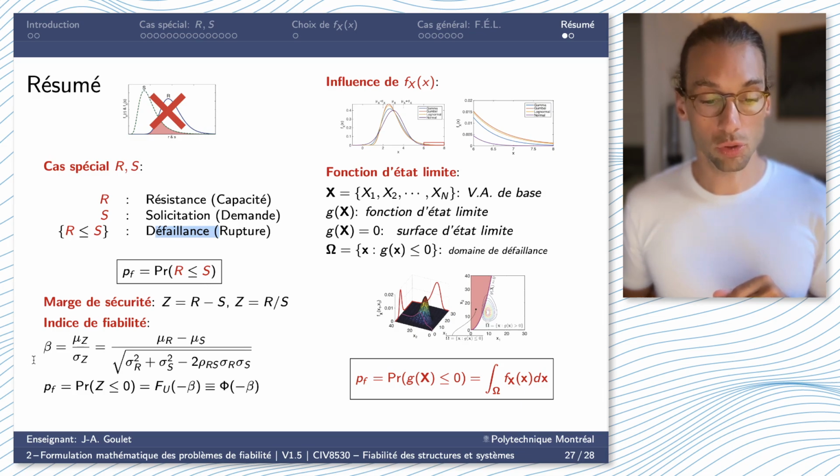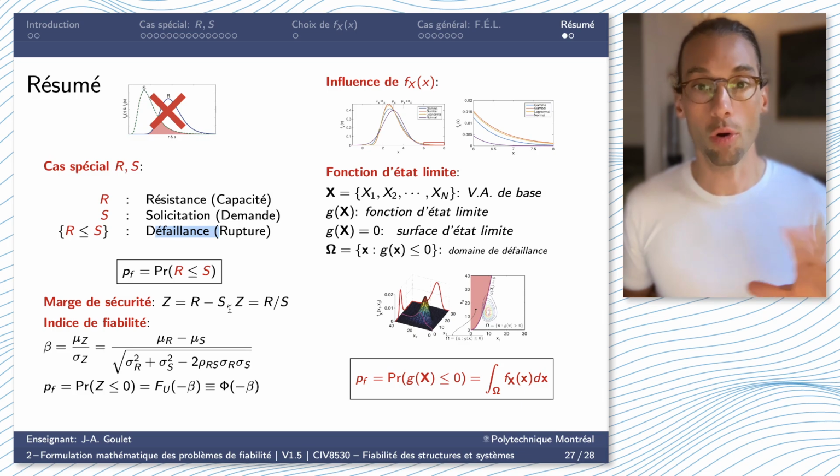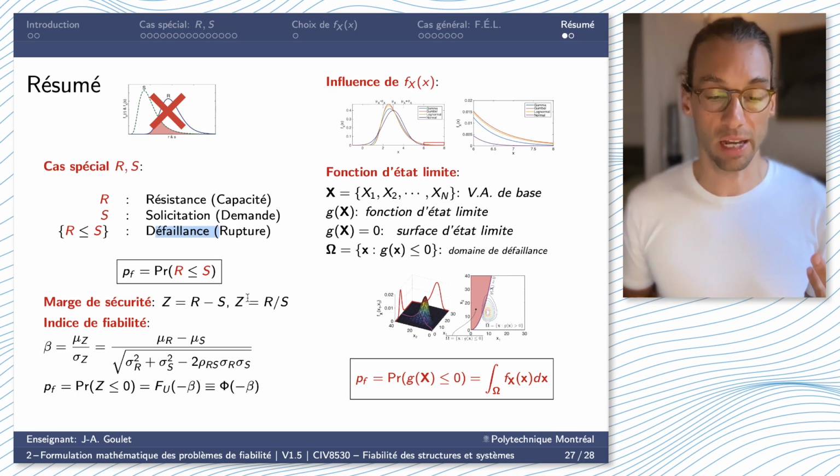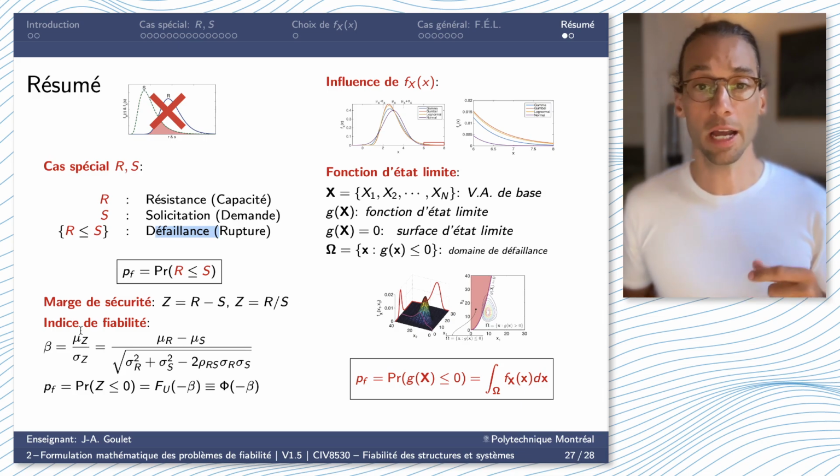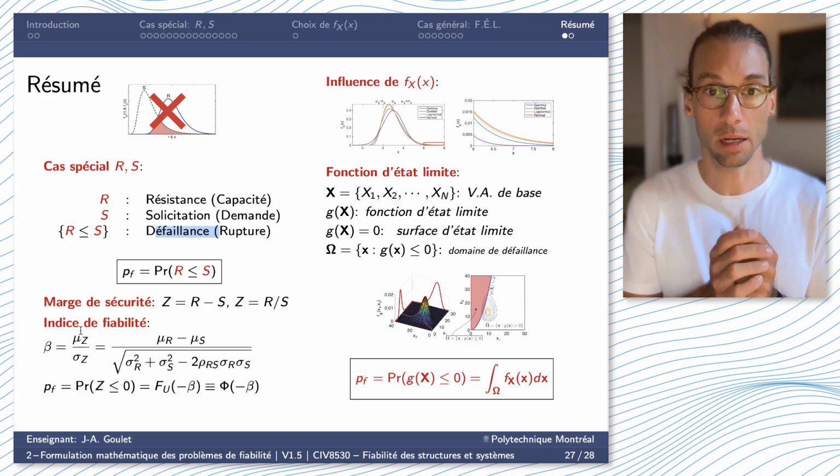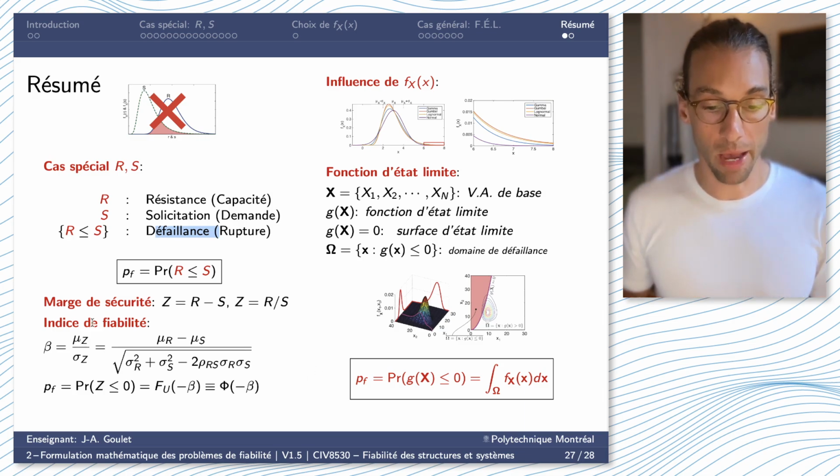So we use our safety margin, where Z equals the resistance minus the solicitation, or the special case of the safety factor, R divided by S, in order to define our reliability index beta, which, as you typically see in the manual, is given by these quantities. This equation is directly derived from the margin of safety formulation that we saw earlier.